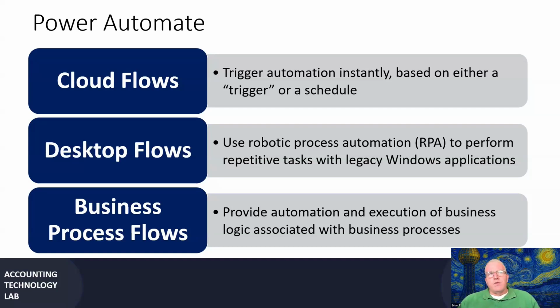So these flows that are based on triggers or schedules are in there. It could just be that every day at 4 o'clock, you download the transactions of what's happened and update your Power BI stuff. We have desktop flows that use RPA to do these repetitive tasks with legacy Windows applications. And of course, the business process flows that will automate and execute the business logic associated with the processes.